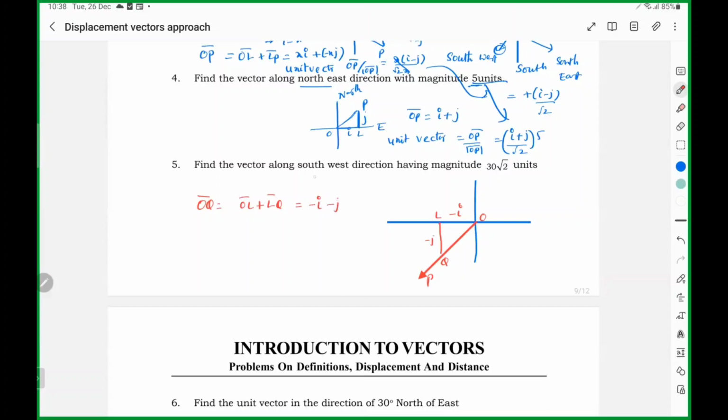He is asking for the vector along which is having magnitude 30 root 2.